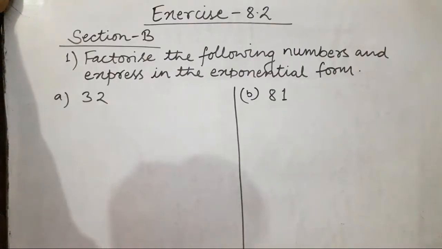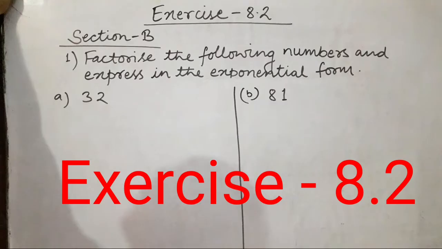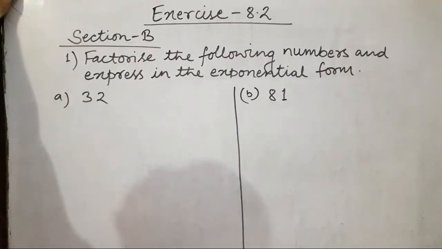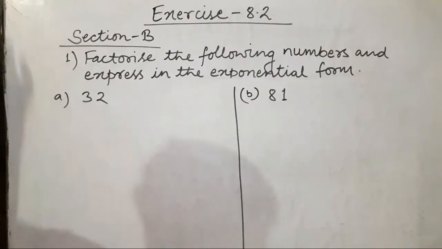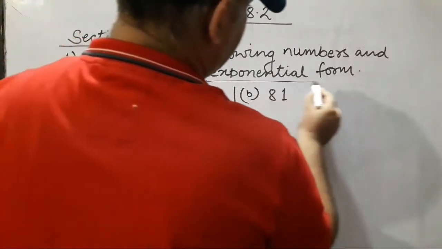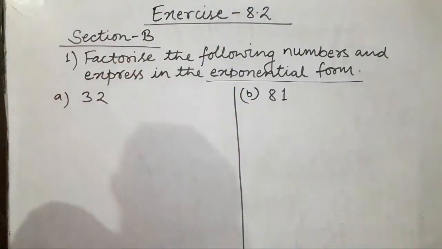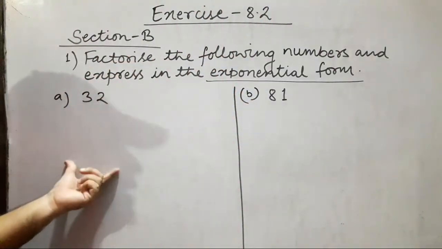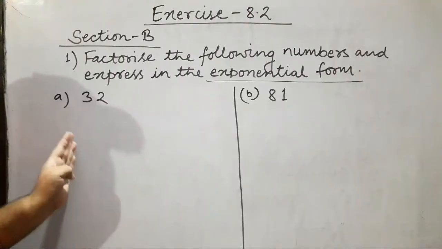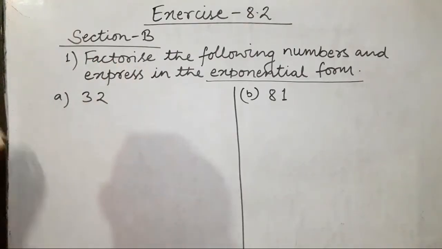Now let's do the exercise. Exercise 8.2, section B, question number 1. Factorize the following numbers and express them in the exponential form. Exponential form, that is, the power form. We shall factorize each number first and then change it into the power form.